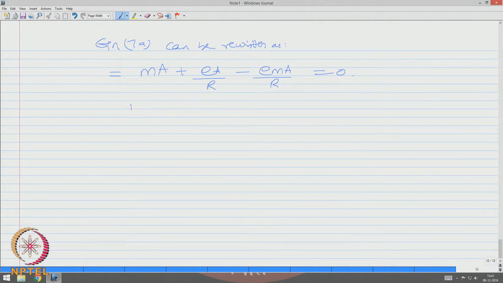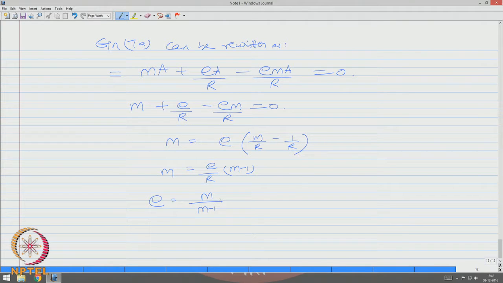That is m plus e by r minus e m by r is 0, m will be equal to e m by r minus e by r, that is e by r (m minus 1), or e is equal to m by (m minus 1) of r.